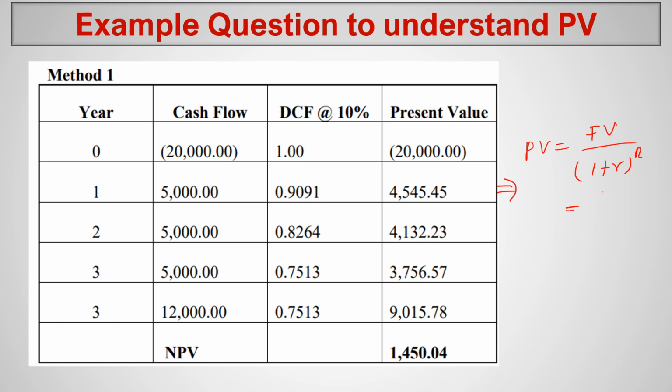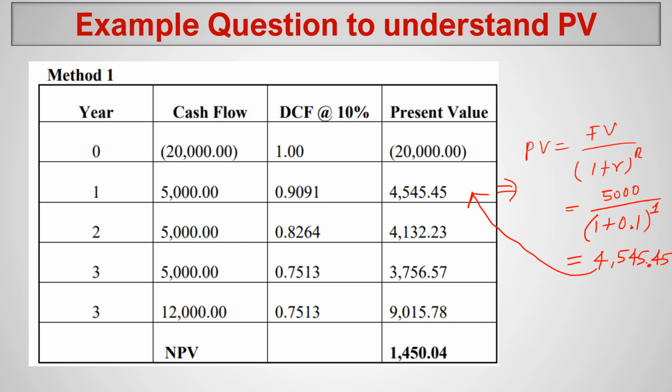The future value is 5,000, and r is 0.1, the 10% discount rate, to the power 1 for the first year. In the first year we are going to get 5,000. If you do this math, you will get 4,545.45 rupees. This is exactly the answer here.